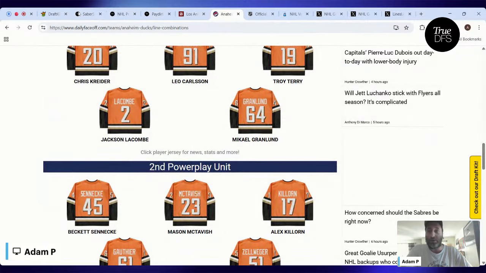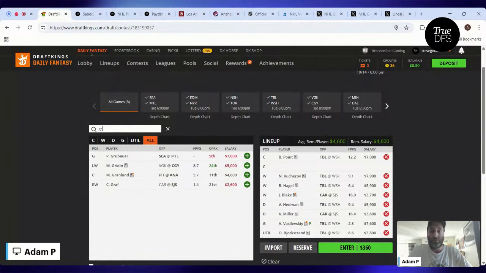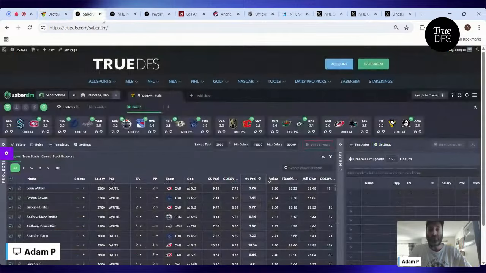Granlund's going to get power play 1 time. Per DraftKings rules, I won't put it in, but there's a nice lineup with Tampa. That's going to look good projections wise, and it's going to look good from the strong range of outcomes we're getting for Tampa in Pater. So I like it.